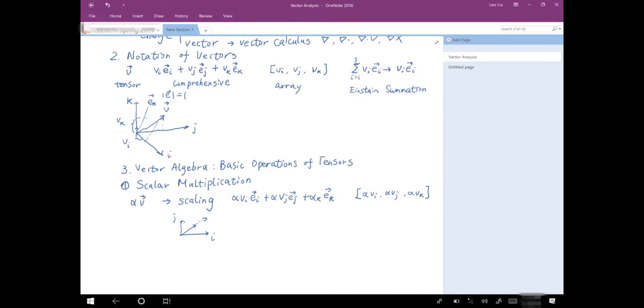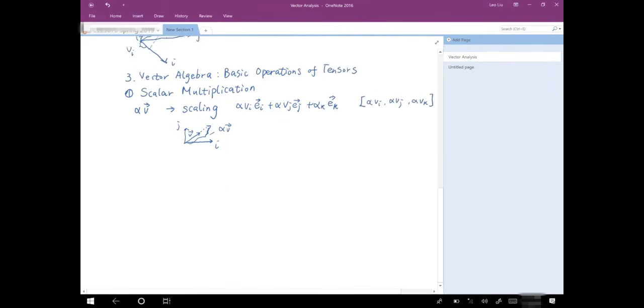So the original one is V and the one that we obtained here is alpha v. So it's also a vector, and the direction does not change. We just change the magnitude. So this is the first basic operation.